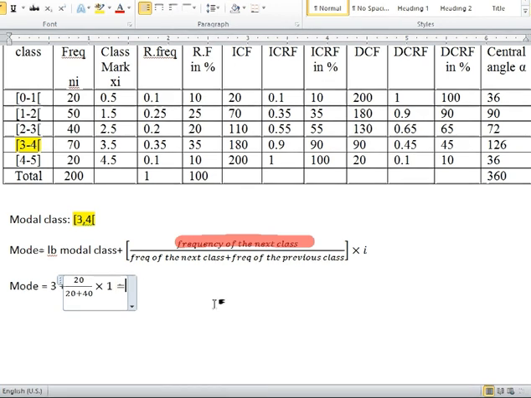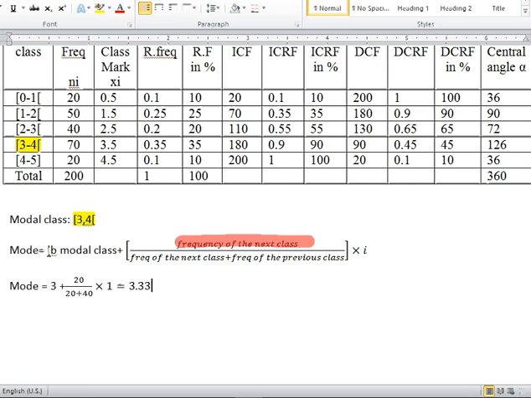Then you use your calculator: 3 plus this times 1, and you will get 3.33. So this is how we found the mode algebraically. You find the modal class, the class with the highest frequency.